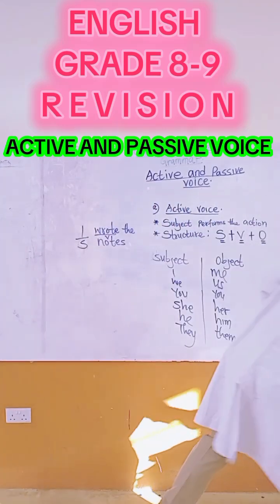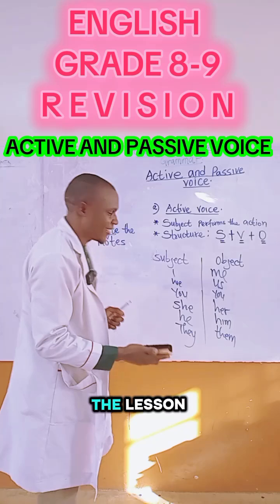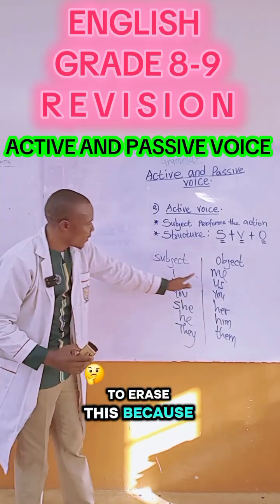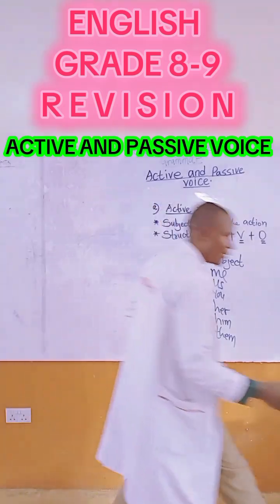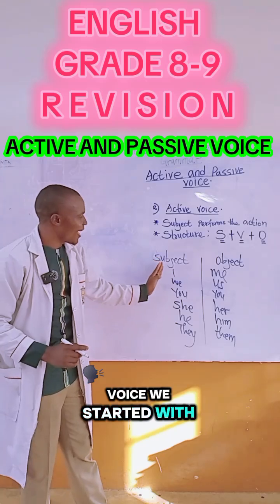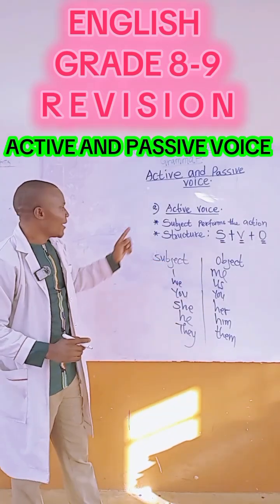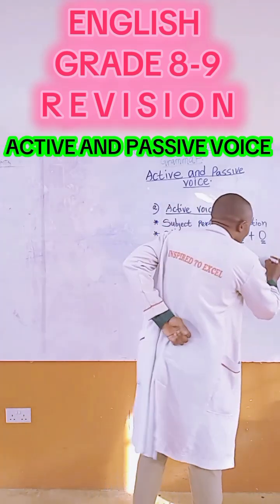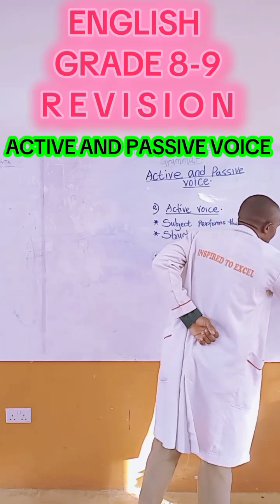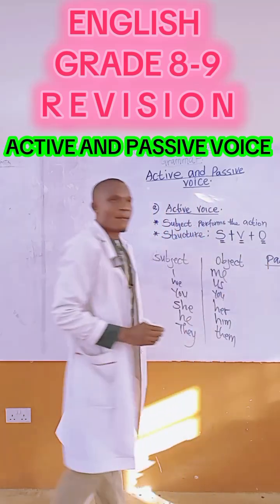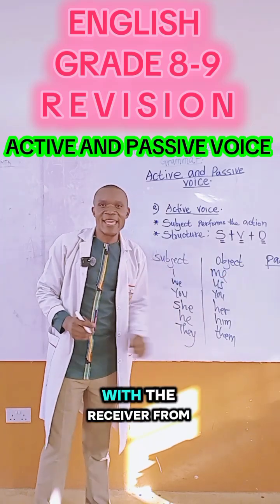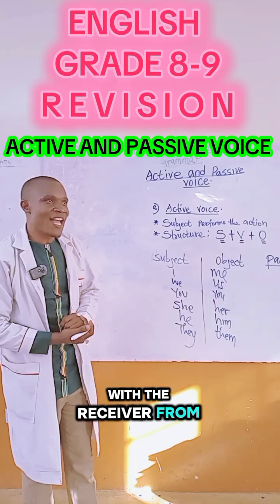Welcome, my learners. I hope you are enjoying the lesson. Now, I don't want to erase this because we are going to use this. Now, in the active voice, we started with the subject. In passive voice, we start with the receiver of the action.